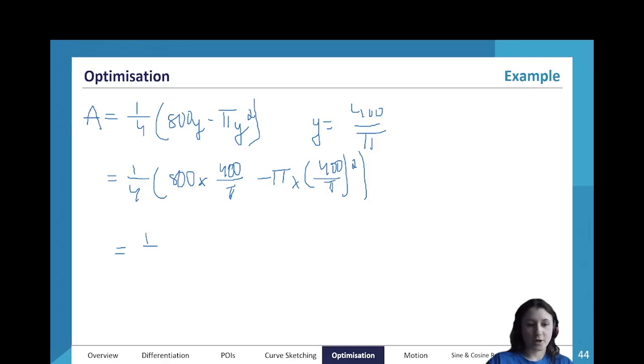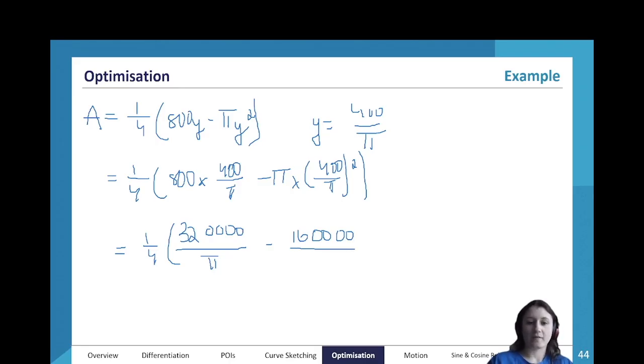So we're going to be left with 1/4 outside of 800 multiplied by 400. So 8 times 4 is 32, leaving us with 4 zeros there, over pi minus, and as you can see, some of our pi's will cancel out. We'll be left with 400 squared, alright, which is 160,000.